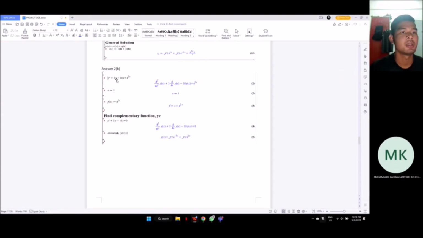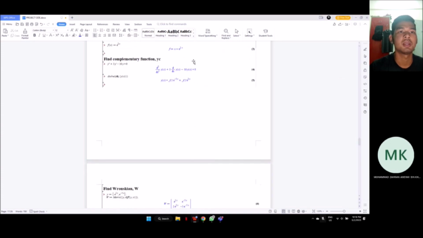The equation is the same as question A, but it's different because I have to use the variation of the equation. It is the same, and I have to solve to find the cognitive function S. I have to solve line number 4.